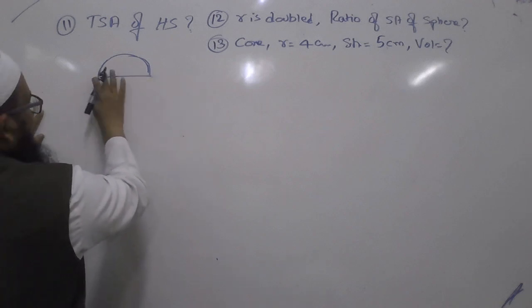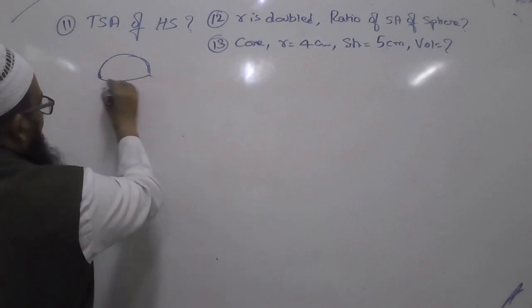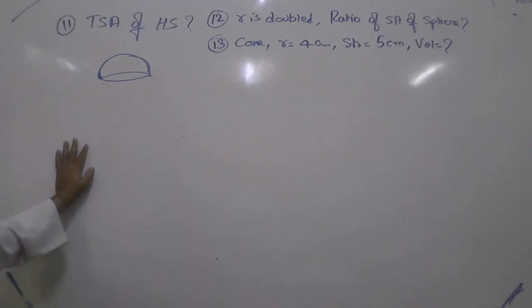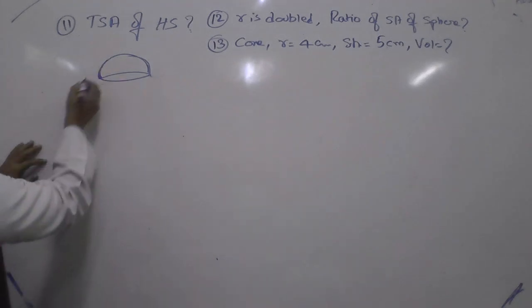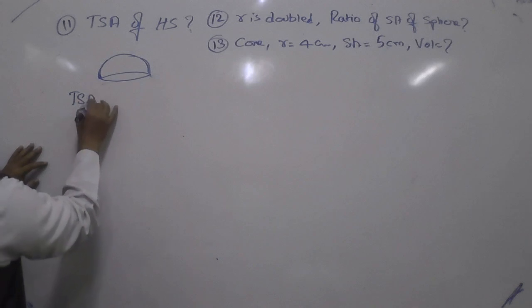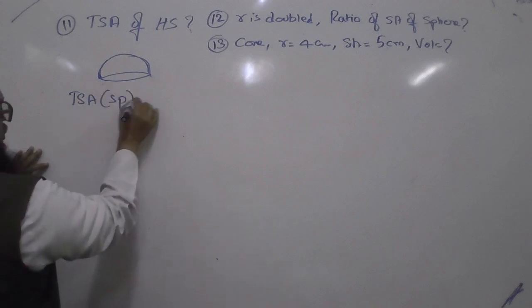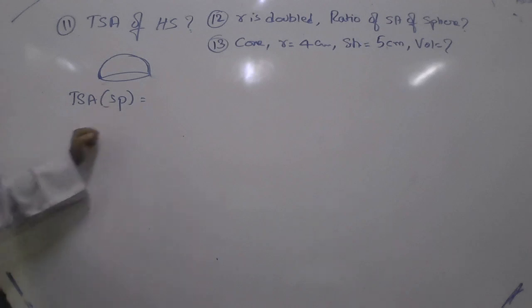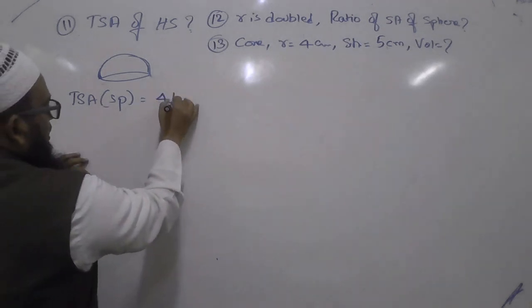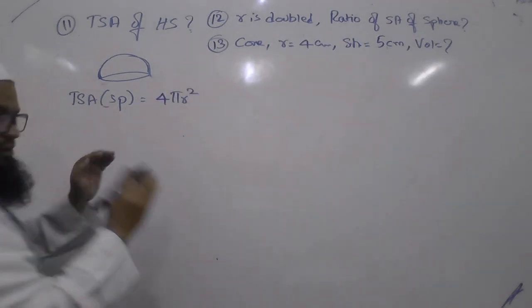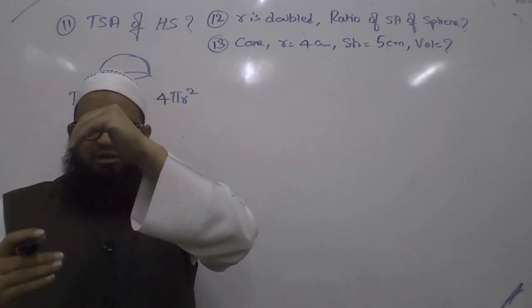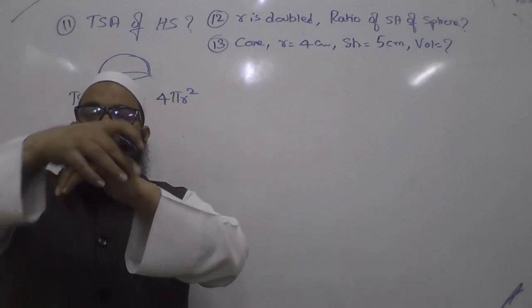If I try to depict this in 2D form, it is called a hemisphere. As the topic is raised, let us find out the total surface area of a sphere. I'm not talking about hemisphere. Sphere is what? 4 pi r square. Sphere is round, right? So if I cut it into half, I will have this.